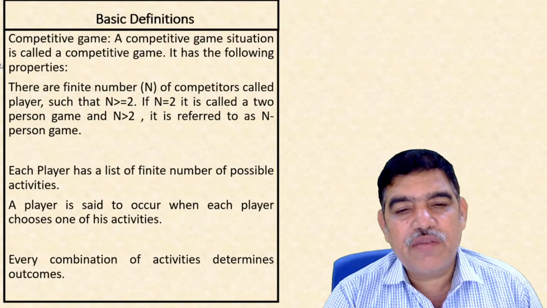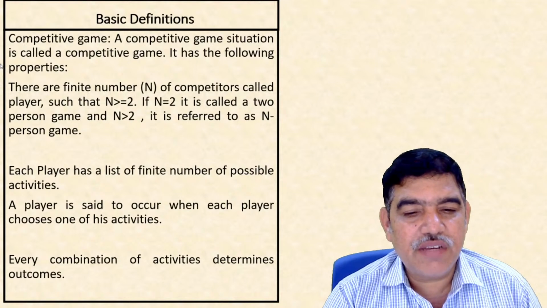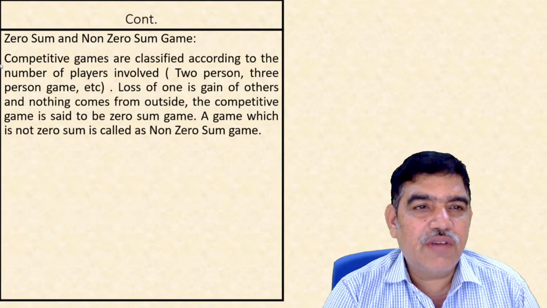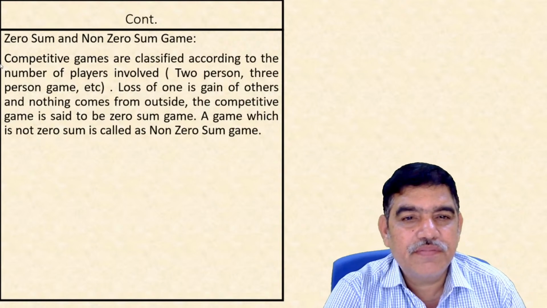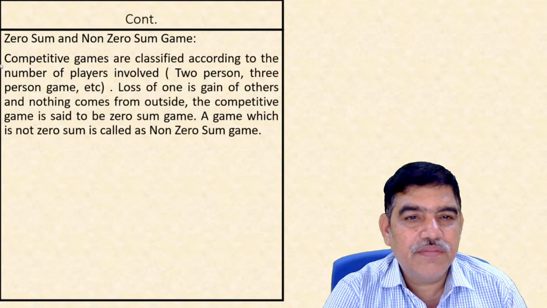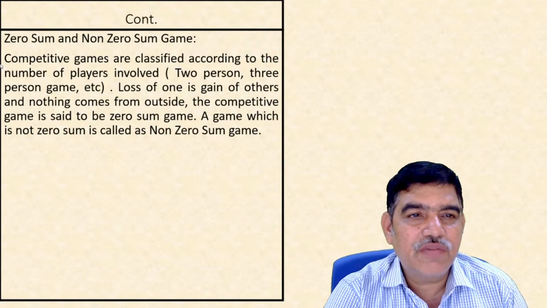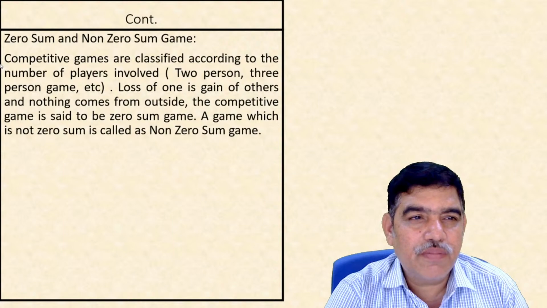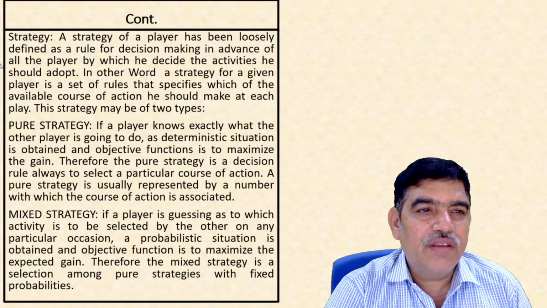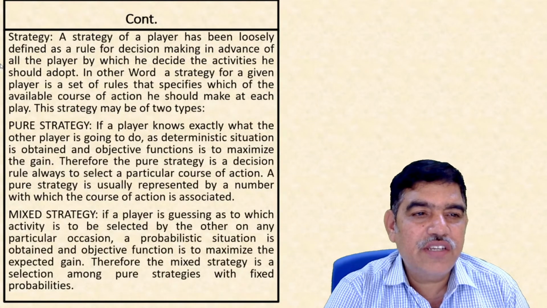And each player must have a finite number of possible activities. Then what is a zero-sum game? A game in which the loss of one is equal to the gain of the other is called a zero-sum game. If a game is not zero-sum, it is called a non-zero-sum game. Then what is actually a strategy?